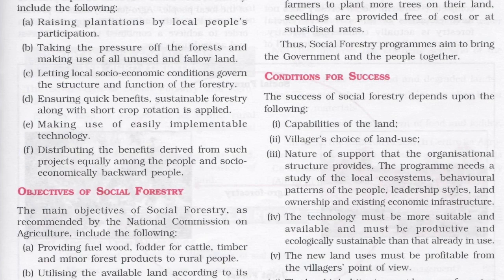The important features of social forestry include raising plantations by local people, taking the pressure off forest and making use of unused land, letting local socio-economic conditions govern the structure and functions of the forestry, ensuring quick benefits, sustainable forestry along with short crop rotation, making use of easily implementable technology, and distributing the benefits derived from such products equally among the people and the socio-economically backward people.